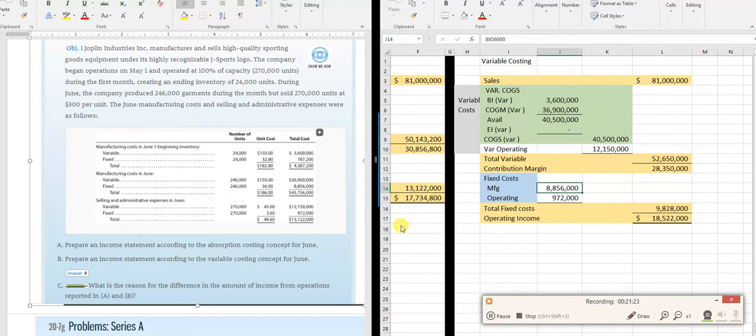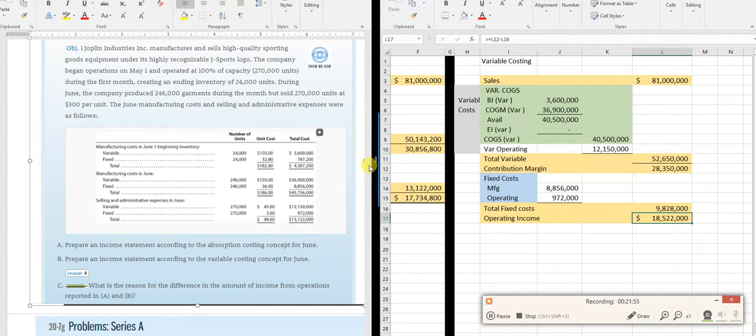So I want my fixed manufacturing. I do not want beginning inventory, because beginning inventory was last period. So I only want fixed manufacturing for this period. I'm making fixed costs a period cost. So look right here, the 8856 is coming across there, and the 972 is coming across there. So sales minus variable cost is contribution margin minus my fixed cost, which is just these two numbers added together, gives me my operating income on variable costing of that.